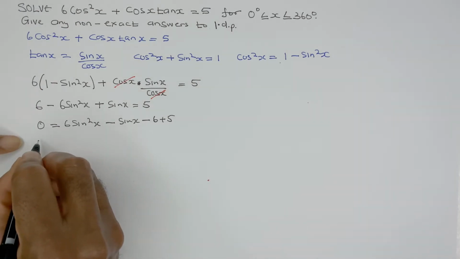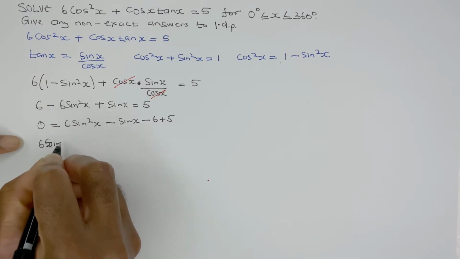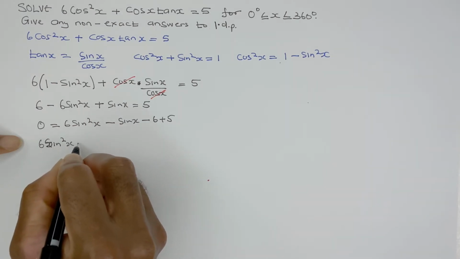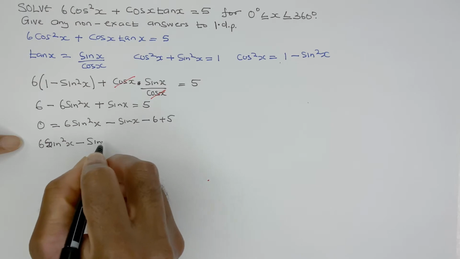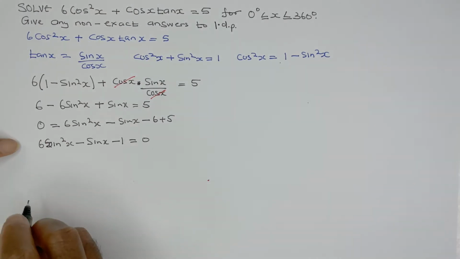That means I have 6 sine squared x minus sine x minus 1 equal to 0.